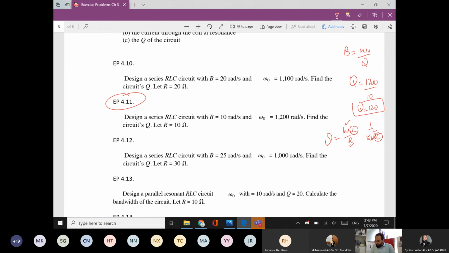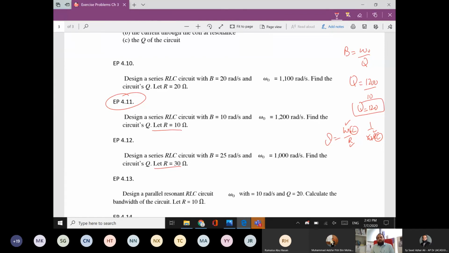So this is kind of a designing part in which you can find the values. By the way, sometimes when it's about designing, you take one value. Let's say suppose this 10 or this 30 is not given, and you're asked to design the values.